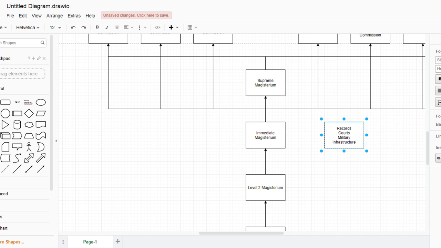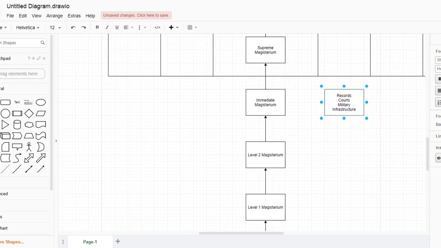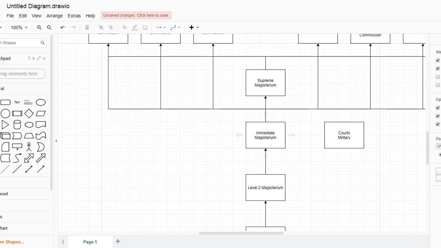However, the budget does not require a. Actually, now let me be very clear here. Records and infrastructure and other things don't have to be separated from the direct executive authority of the magisteria. So I'm actually going to remove them on here. But courts and military are things that have separate officers that are constitutionally required.